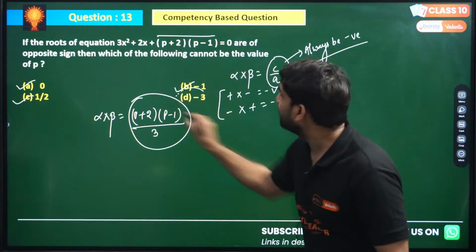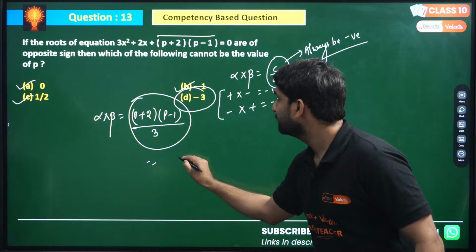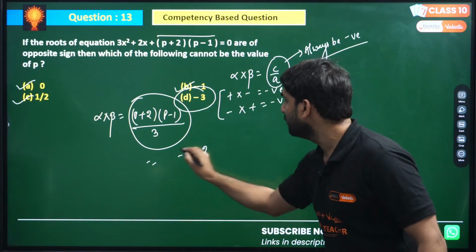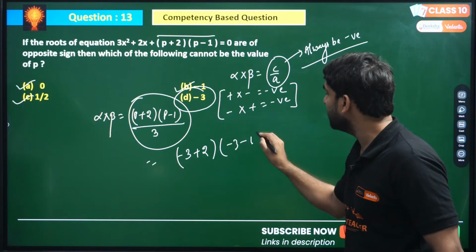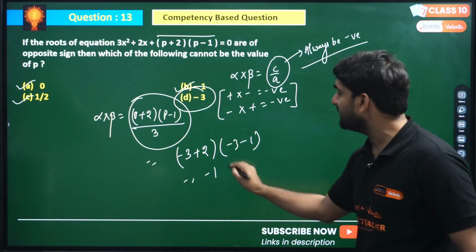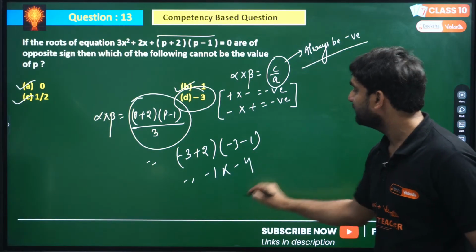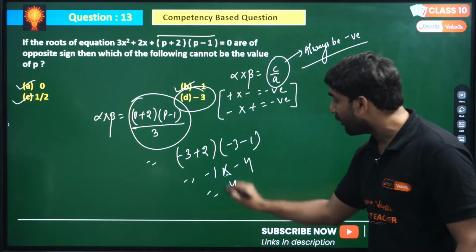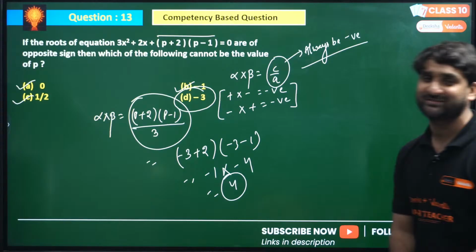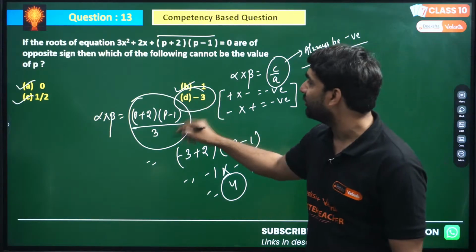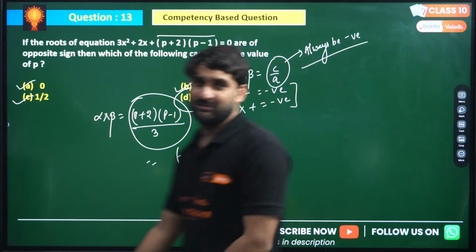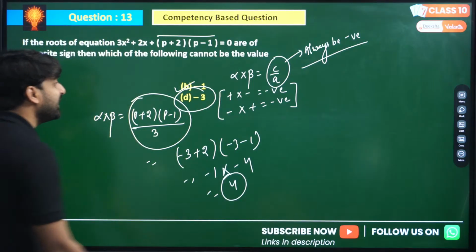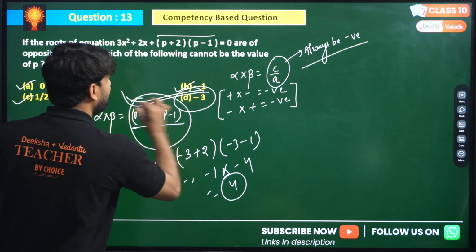But if we put minus 3 in this bracket, minus 3 plus 2 will be minus 1, and minus 3 minus 1 will be minus 4. So minus 1 into minus 4, positive is coming, minus into minus is plus. So it cannot be the value of p. So D is the correct answer.